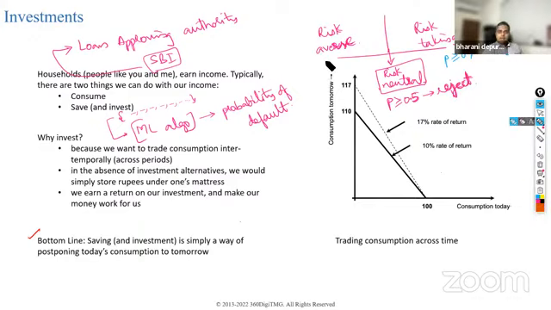Then for risk averse people, if the probability is greater than or equal to 30%, still this guy might say reject the loan.